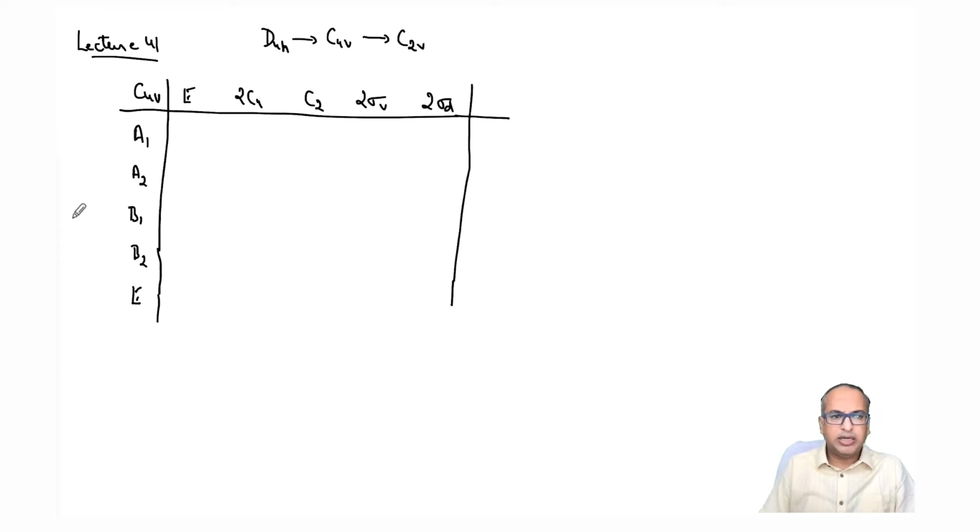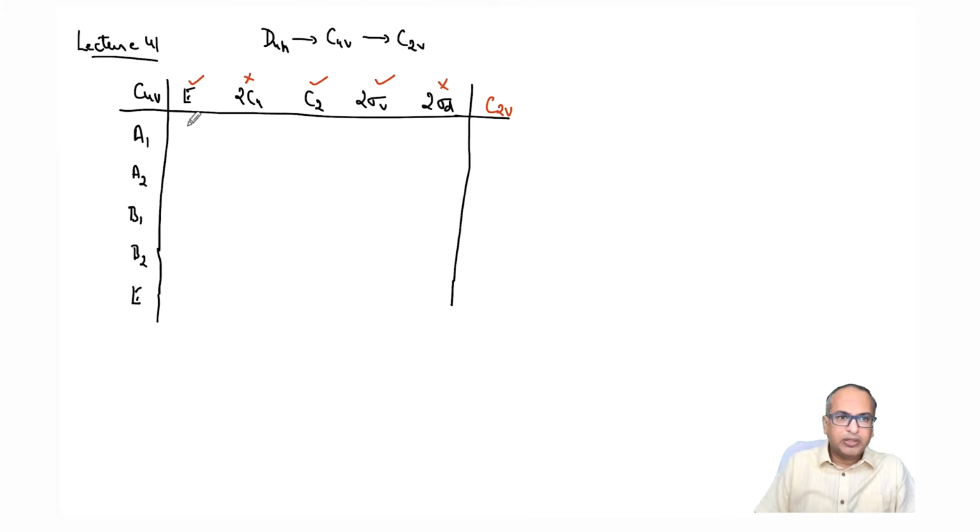Now on this side, we will write the lower subgroup, which is C2v. Now C2v, if you remember, has only E, C2, and 2σv, right? There is no σd, there is no C4. So we'll not be writing the characters under these ones where the cross is there, right? Okay, so let us write down these characters from the C4v character table.